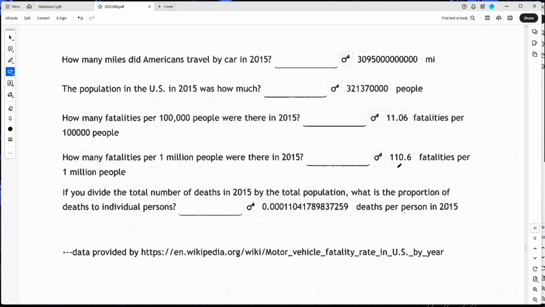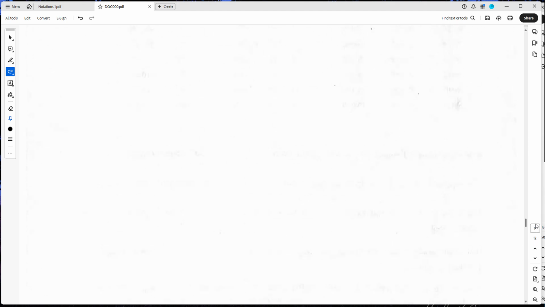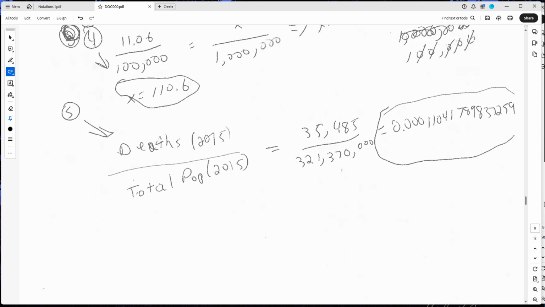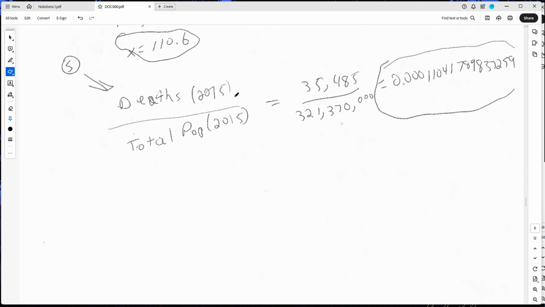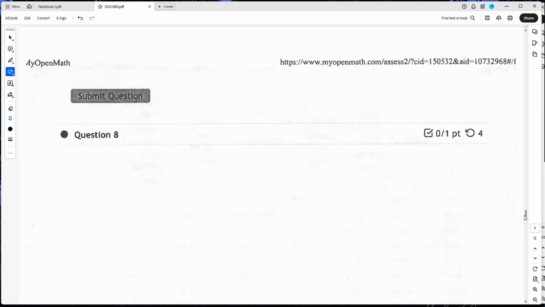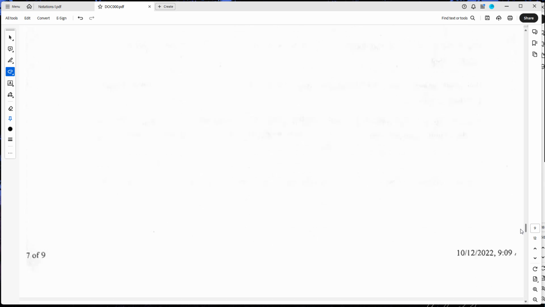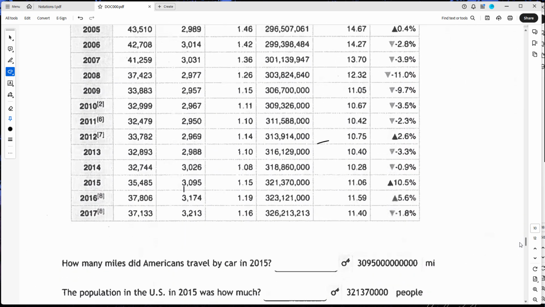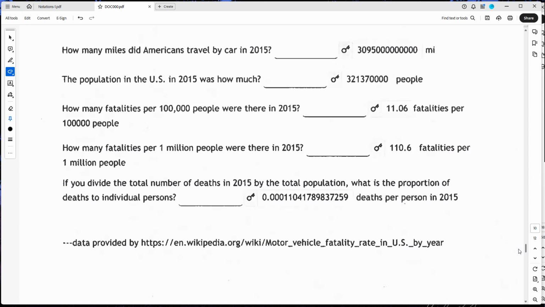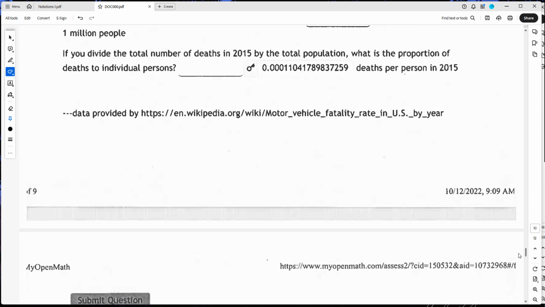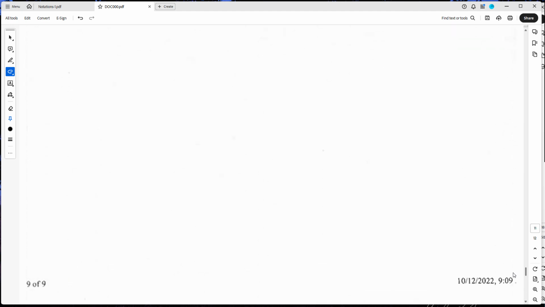Here, the number of deaths per person. Deaths in 2015, total population. This gives you the number of deaths per one person. And that is the end.